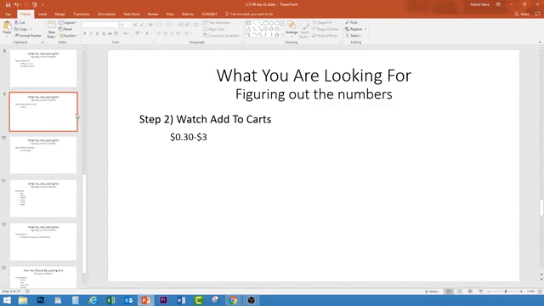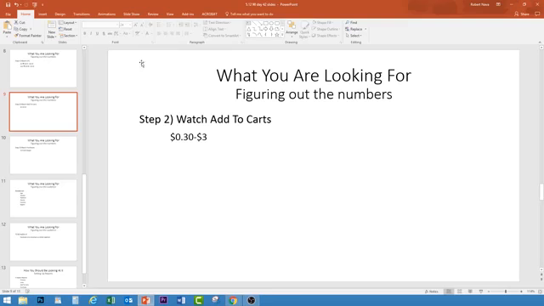Spending jumped ahead. So step one was to look at your clicks, your click costs, make sure you're not spending too much there. Once you start getting some add to carts, right? So following Chris's method, first you get a bunch of view contents, then you get a bunch of add to carts, and then you switch to the conversions that you're going for.